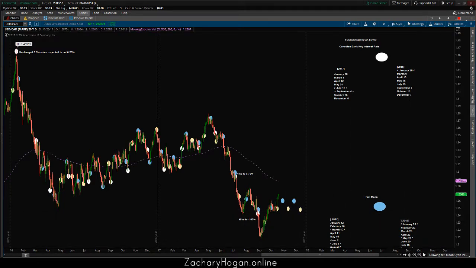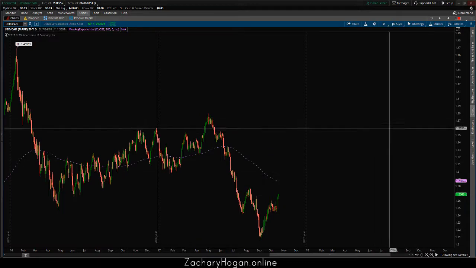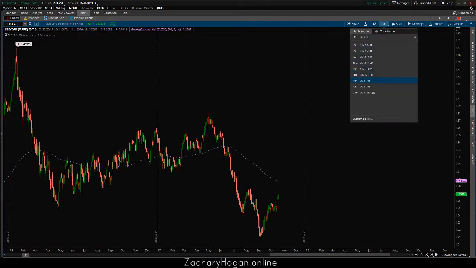And what we're going to do is switch over to a clean chart just so that there's no confusion. We're going to do a top-down analysis, and we're really going to see what we could expect for the US dollar Canadian from right now heading towards the end of the market close Friday this week.